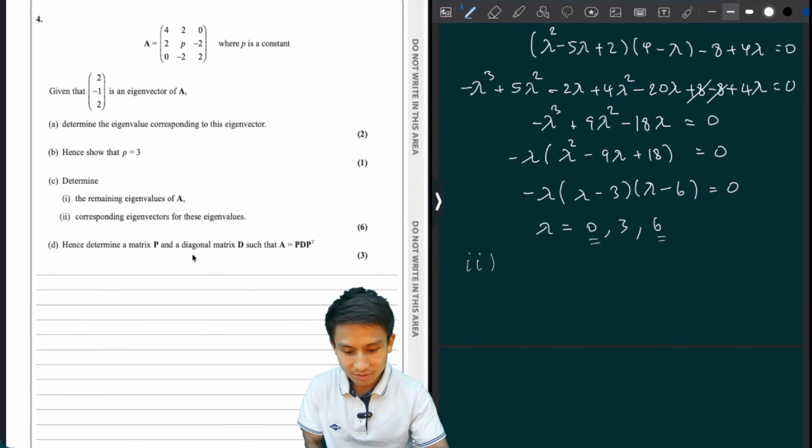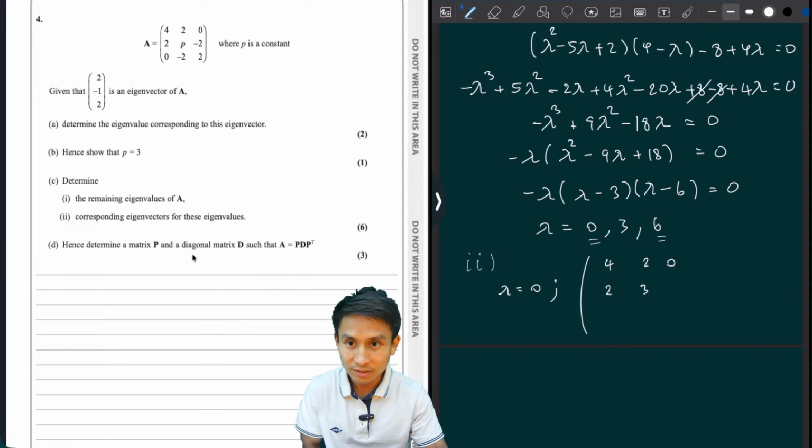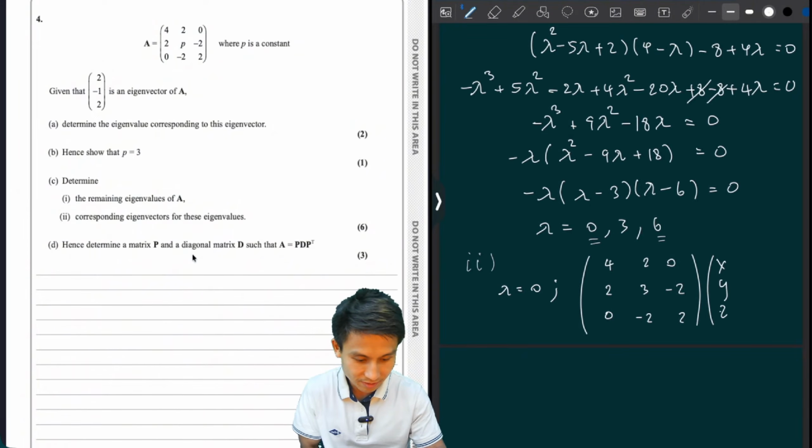So for lambda equals 0 here, we're just going to do, again, 4, 2, 0, P was 3, right? And 0 minus 2, 2. And then x, y, and z. And then 0, x, y, and z, right? Like that.